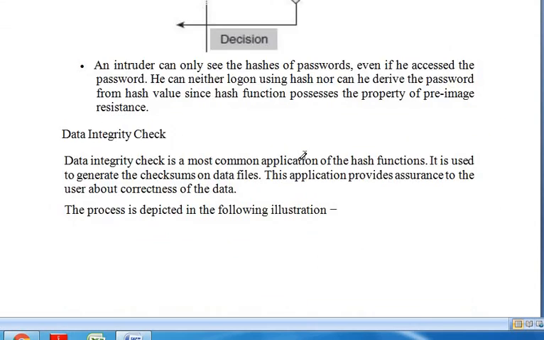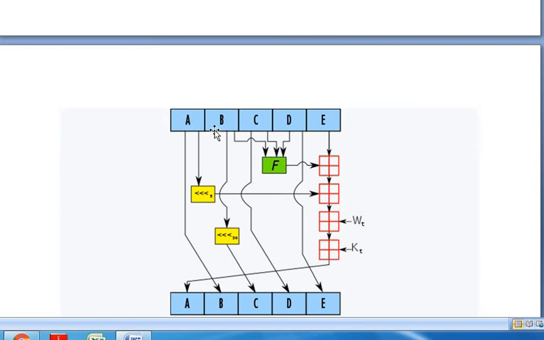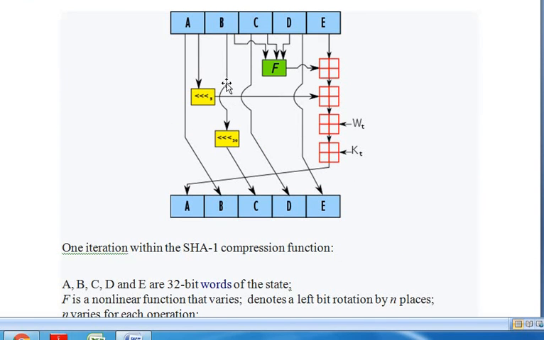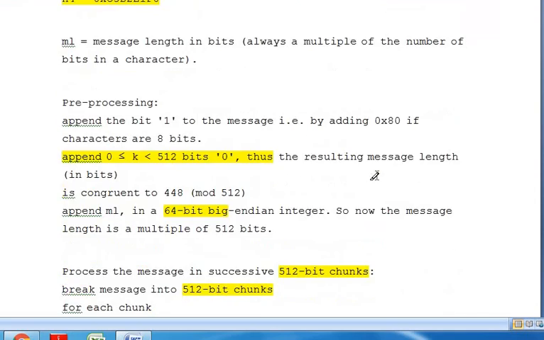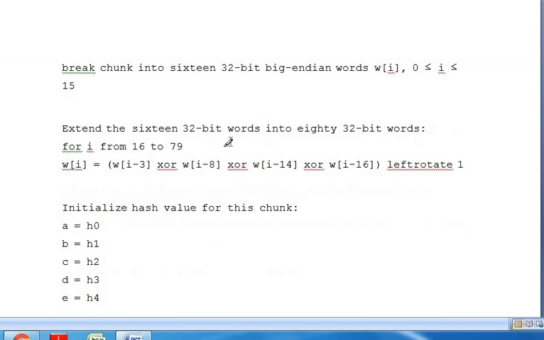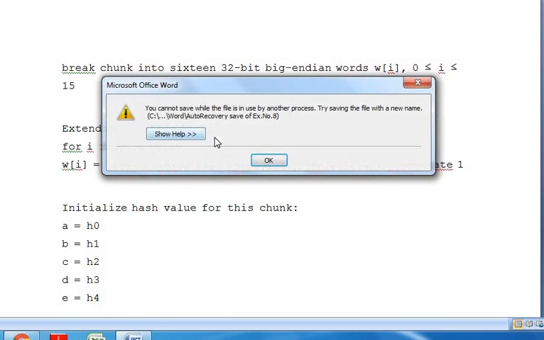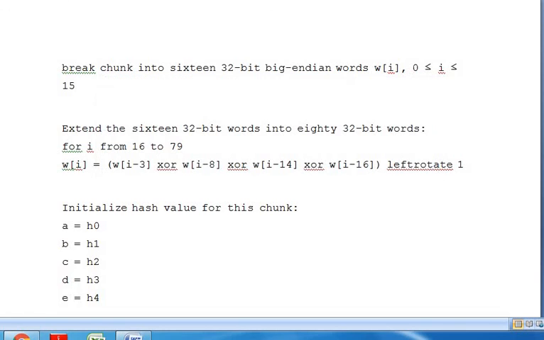As I already said, the messages are divided into blocks and will be left rotated and right rotated, and the modulo operation will be performed with many rounds on the keys and the functions. After that the hash value will be generated.